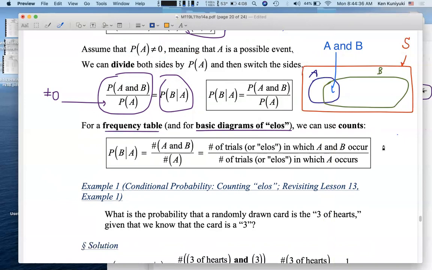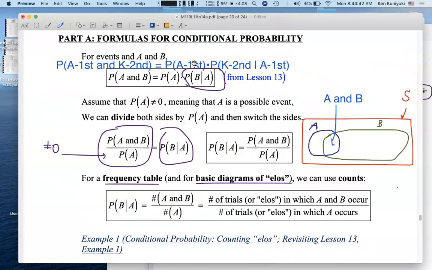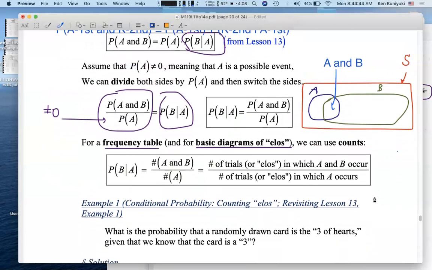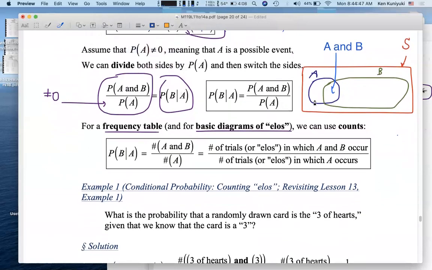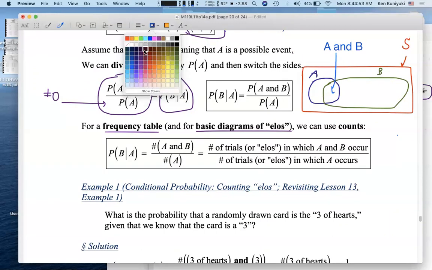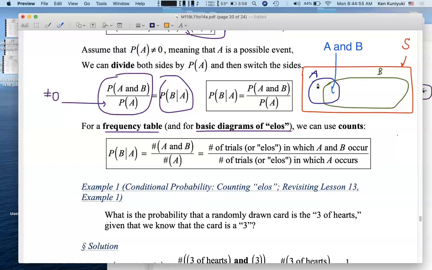So what is the probability of B happening given that A has already happened, let's say, given that the ace has come as the first card, for example? Now, we're assuming that A has already happened. So we're focusing our attention on this purple disk over here.